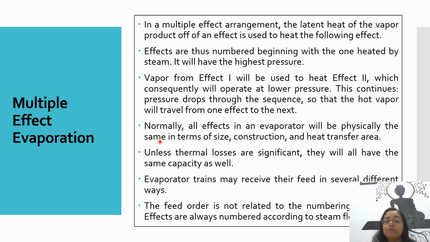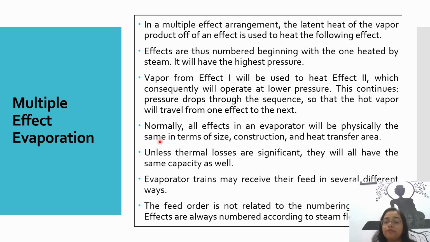Now comes how this multiple effect evaporation takes place. In the effect 1, we will introduce the steam. It will lose its entire heat, and ultimately vapor from the effect 1 will be produced, and that vapor will be used as a heat source for the second effect.